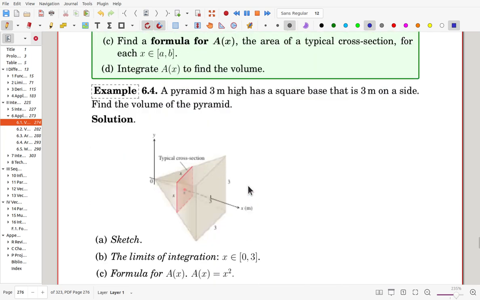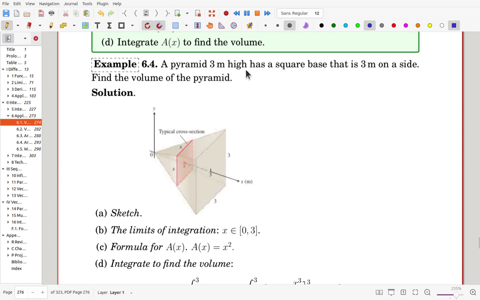Let's see this example. A pyramid 3 meters high has a square base that is 3 meters on a side. Find the volume of the pyramid. Okay, if we consider this picture, we make a sketch and find the limits of integration from 0 to 3.